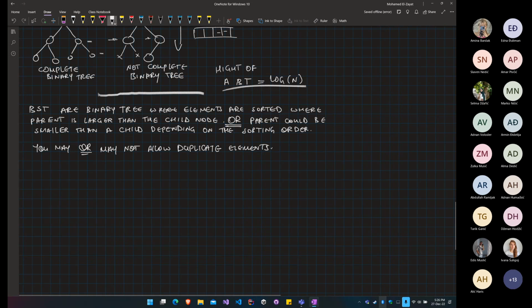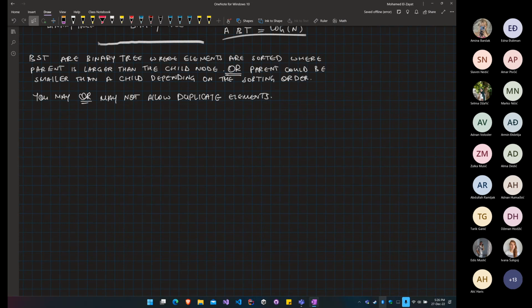Usually we don't. Usually we like to keep things unique because it's easier to find and stuff. But usually we don't allow duplicate elements.